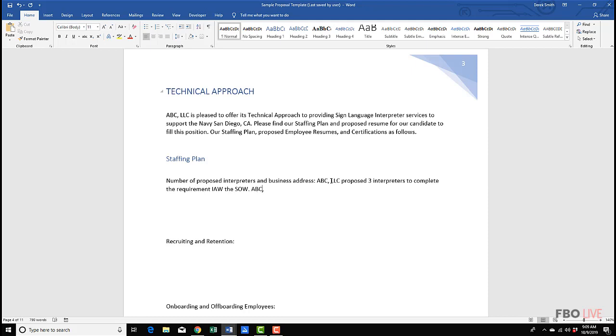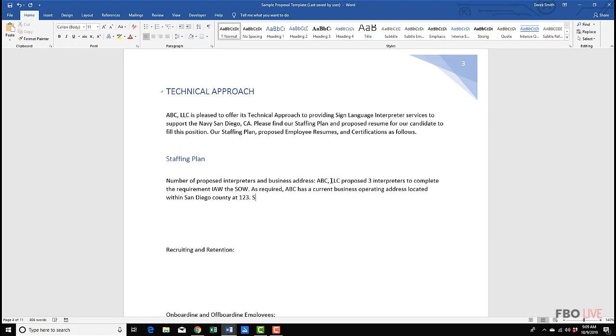ABC, or I should say, as required, ABC LLC has a current business operating address located within San Diego County at 123 San Diego Street, San Diego.